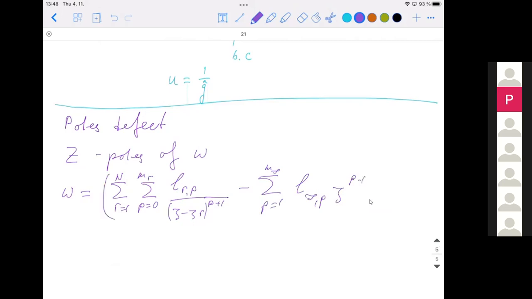It's the most general form to write omega with poles.